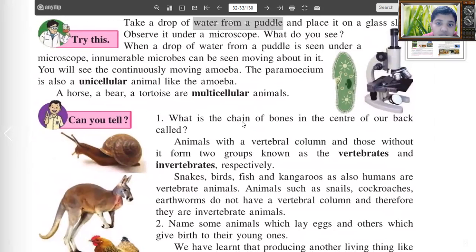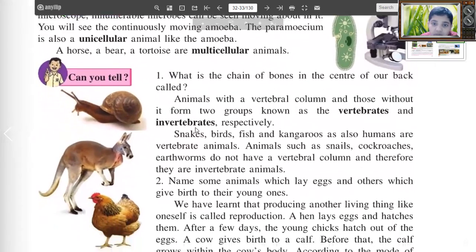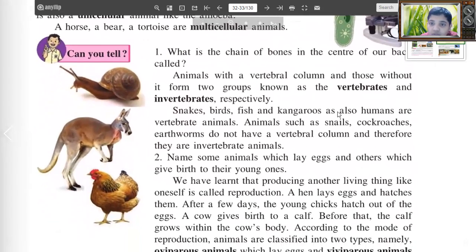What is a chain of bones in the center of our back called? Animals with the vertebral column and those without it are two groups known as vertebrates and invertebrates respectively. Snakes, birds, and kangaroos, as also humans, are vertebrate animals.